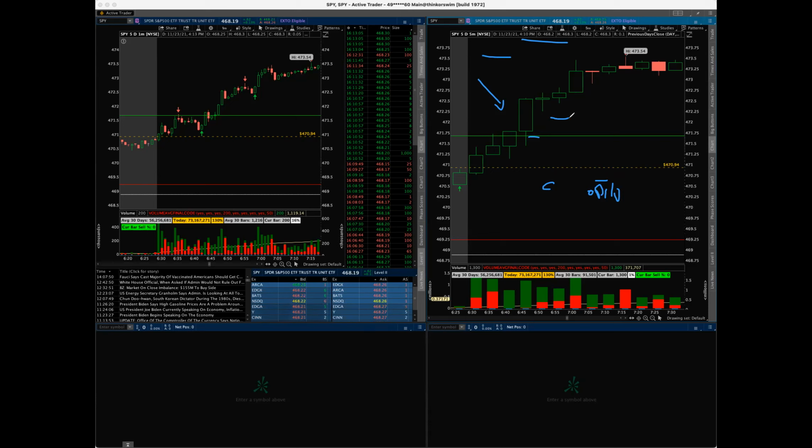Again, nothing's 100%. I'm just giving it to you by experience of what I've seen as a trader. Most of the time, these smart guys, smart money, big monies, institutional traders, they have it all. And most of the time, it actually goes to the strike price that they choose, it goes to 473, 474.